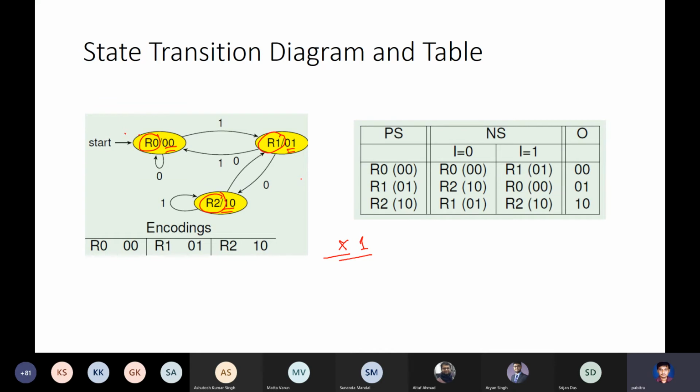Okay, so I guess this diagram now will be clear. If your remainder is 0 and you get 1, you get a remainder of 1. Left shift is there, but since it is all 0, it doesn't really double. Then you have R1, it doubles, and then you add 1, so you get a remainder of 2.